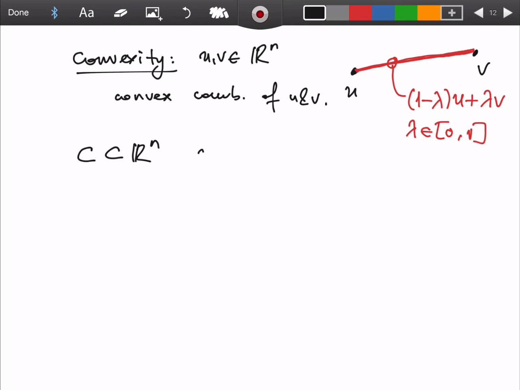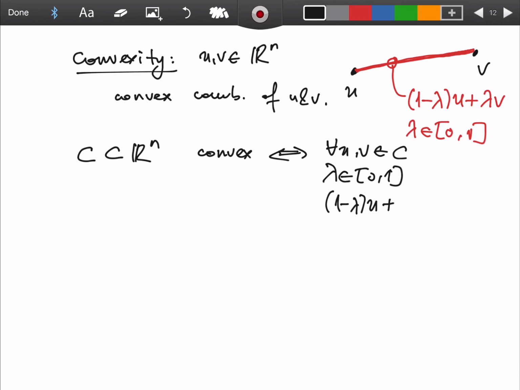So we say that this set is convex if for every u and v and lambda between 0 and 1, (1 minus lambda) u plus lambda v is also in C. This means that we are closed under this operation of taking convex combinations.